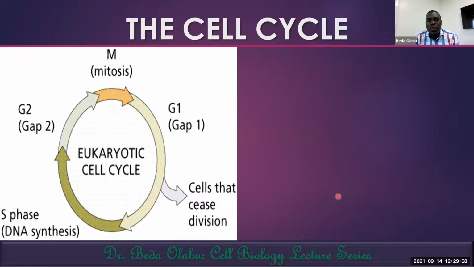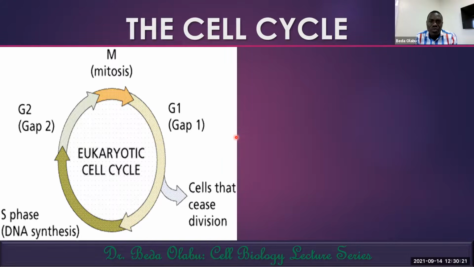Now, how do you account for those cells which have lost their capacity for cell division? Yes, we've talked about the cell cycle and we've said that there is mitotic phase and interphase, and that interphase has gap 1, S phase, and gap 2 phase. And then mitosis again.